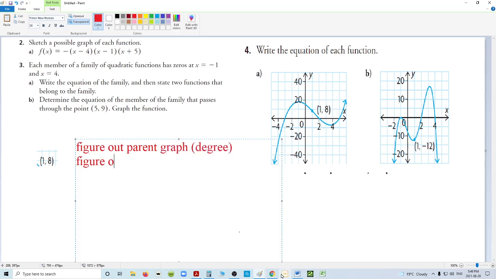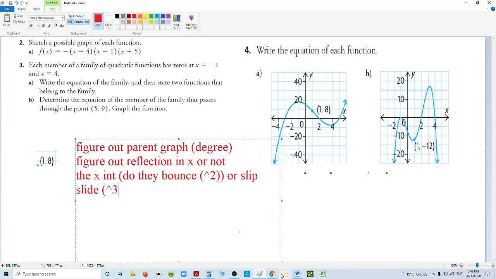Figure out reflection in x or not. And then I would figure out the x-intercepts and do they bounce, which would be to the power of 2, or slip slide, which was probably power 3, but power of 5 also looks like slip slide.